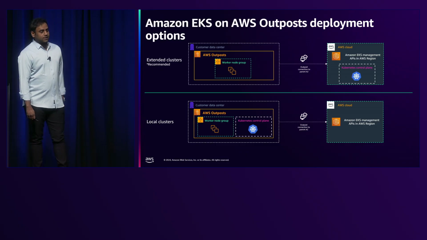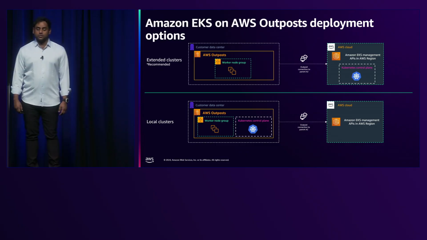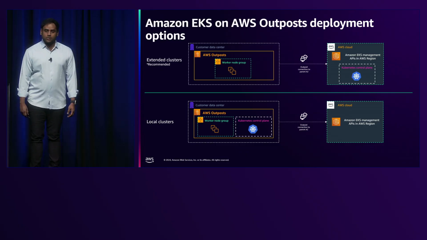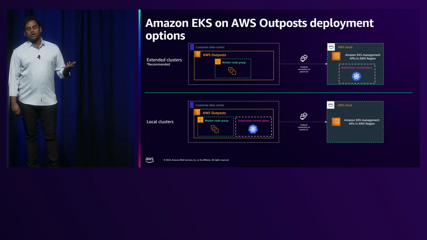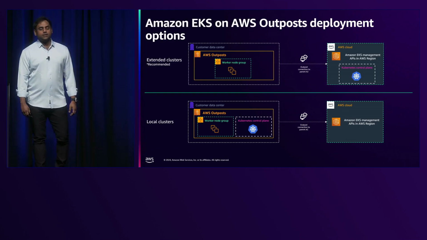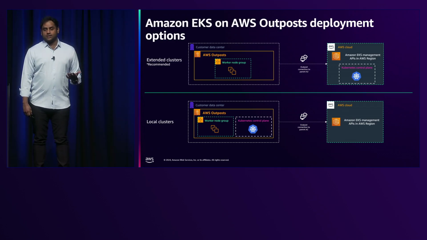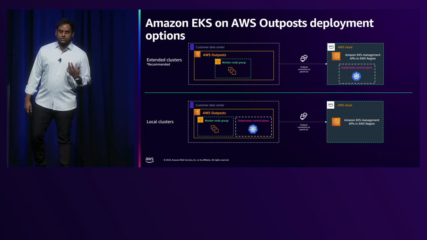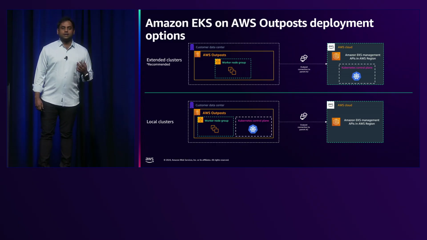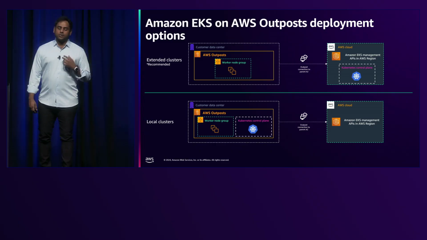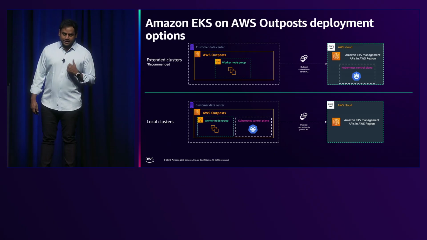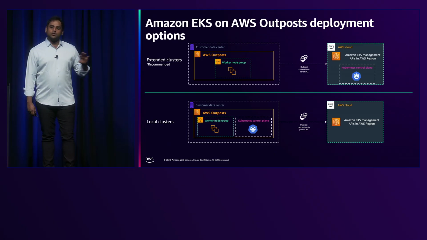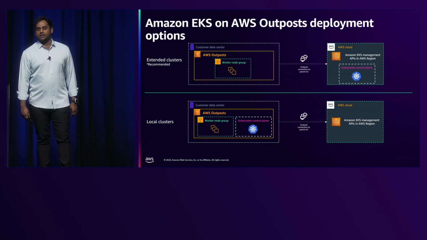Then you deploy the cluster nodes, which are the Kubernetes nodes that host your actual workloads within the hybrid model, on the AWS Outpost rack that is shipped and connected back to the region from your own data center. This is called the extended cluster approach. With this approach, you get the same managed Kubernetes control plane, which is completely managed by AWS, and an integrated experience with the other ecosystem of services that are available today in the region.